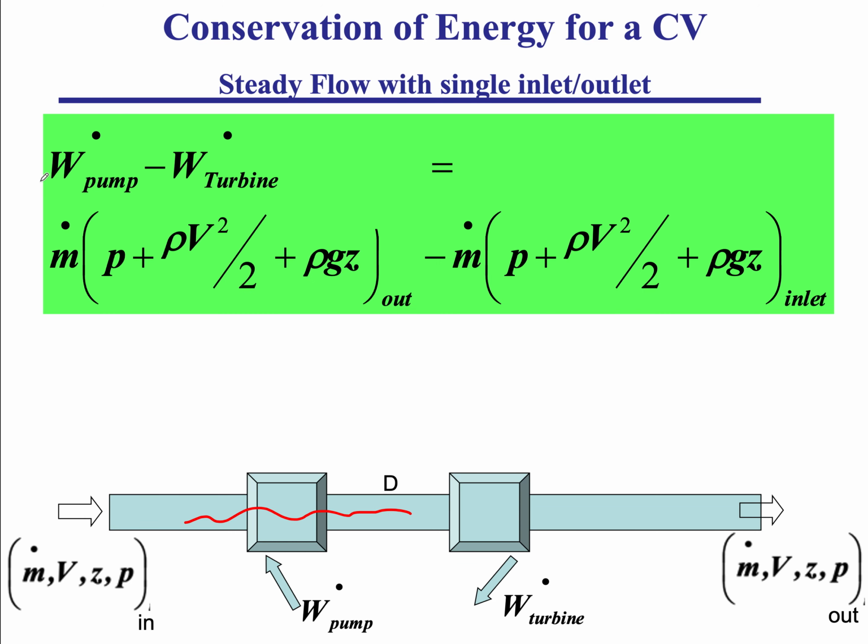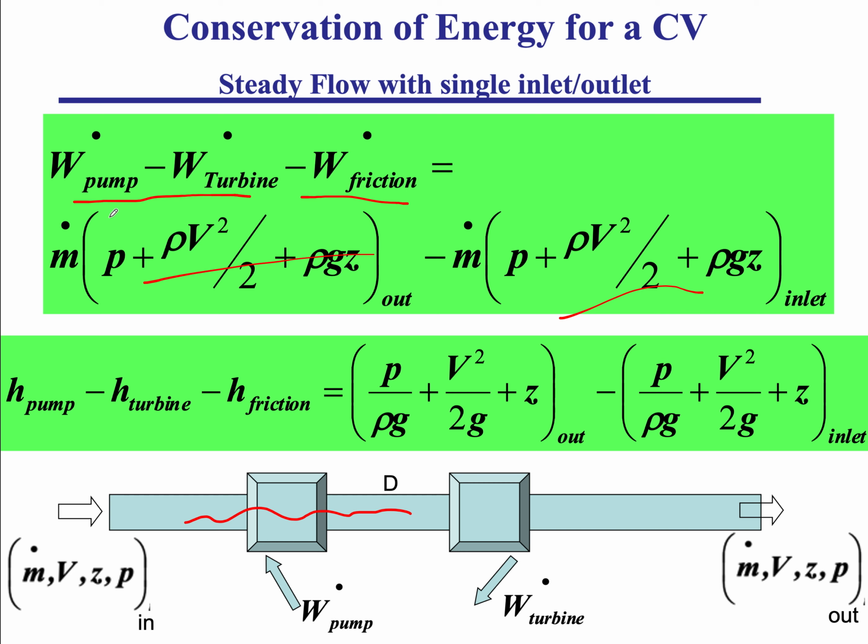So this would be our first law of thermodynamics. What we have just said in words, we can write it as: the energy balance between what comes in and what leaves will be equal to what the pump and turbine provide, as well as the friction. We wrote this when we were studying chapter 3 as heads. Here the terms in the equation are in watts.